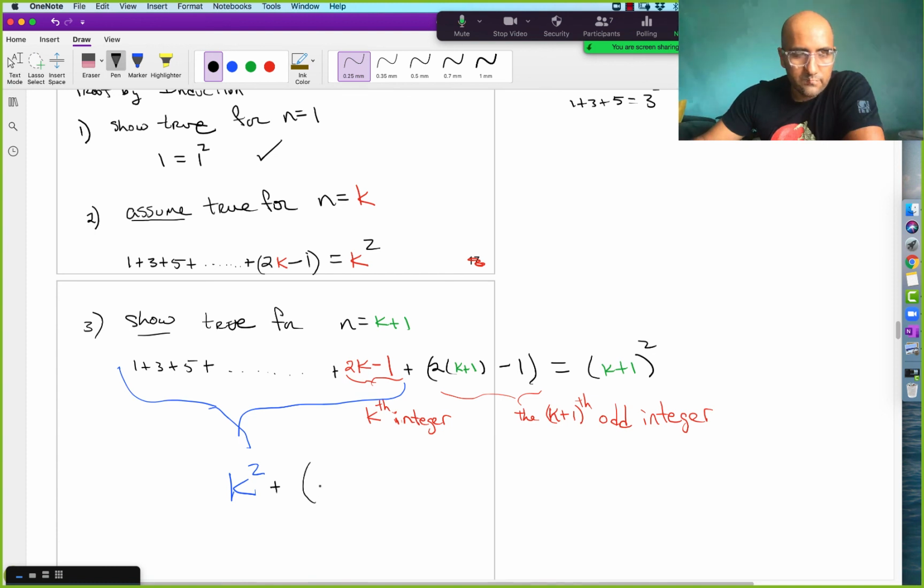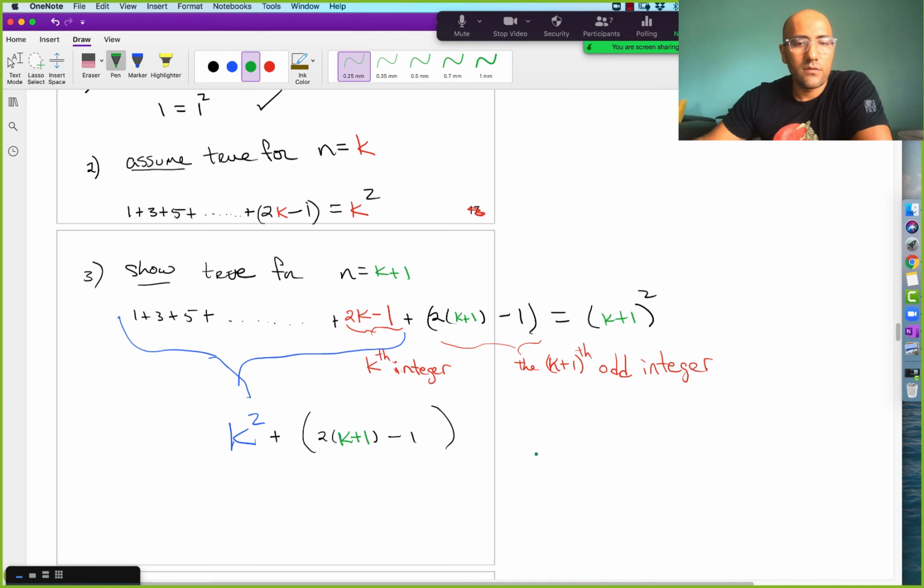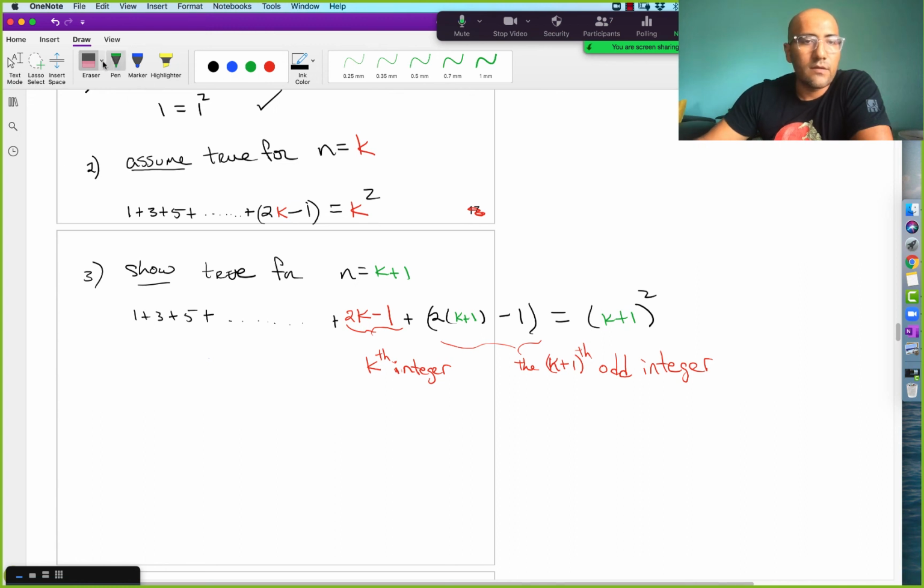Plus, and then I have this 2 times k plus 1 minus 1. That's what I'm just adding, and I'm trying to show that this is true. I kind of skipped something, so let me just repeat it so that it's clear. To show that this is true, I'm going to start on the left-hand side.